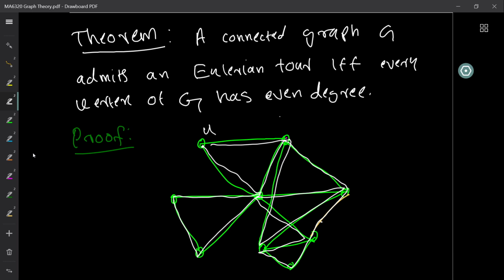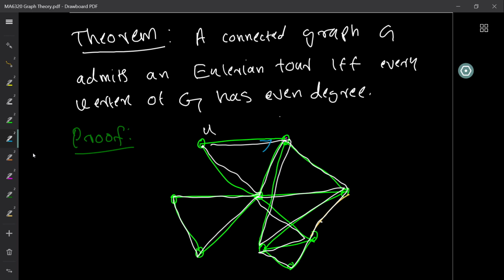Now I claim that this means that every vertex has even degree. Why is this? Well, let us look at what happens when I start from a vertex and reach a new vertex. Every time I enter a vertex, I must leave the vertex, because the tour has to come back.